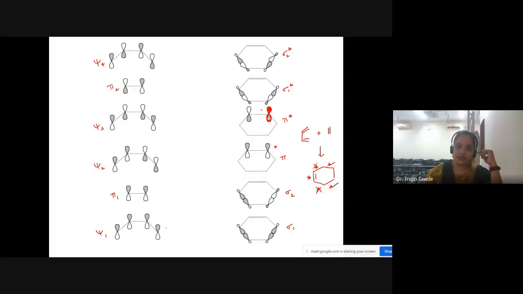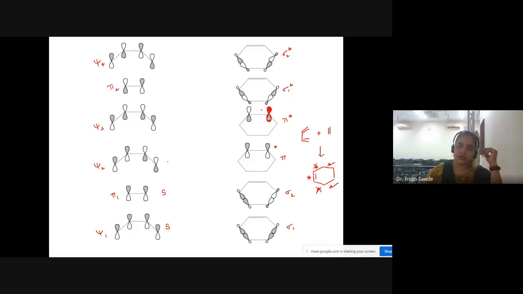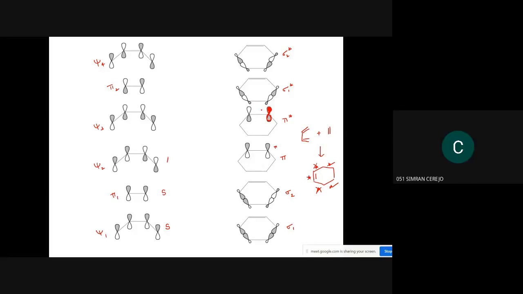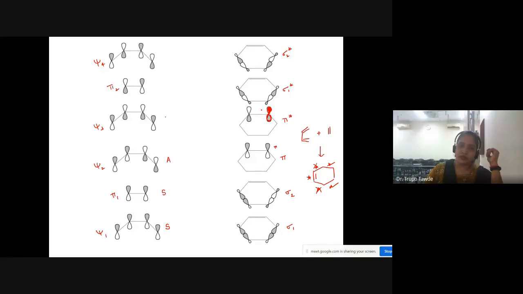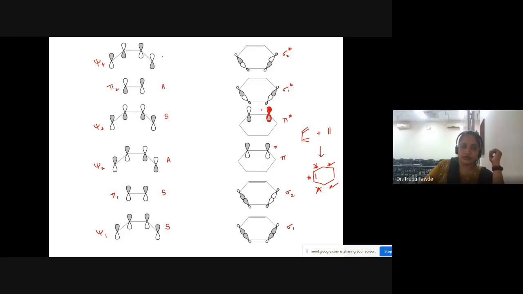Psi 1 is symmetric. Pi 1 symmetric. What about this? Asymmetric. Then symmetric, asymmetric, asymmetric. What about sigma 1?